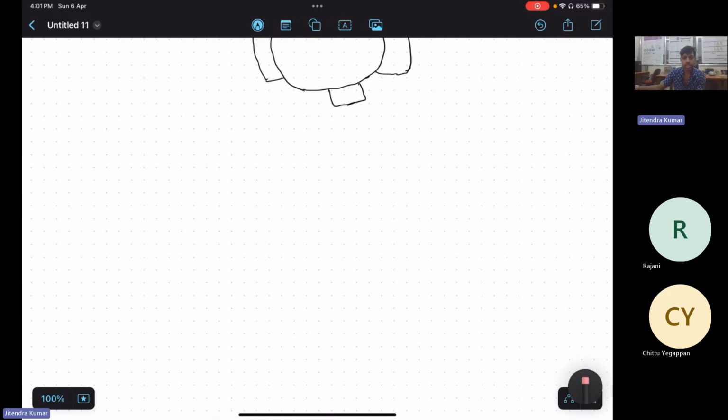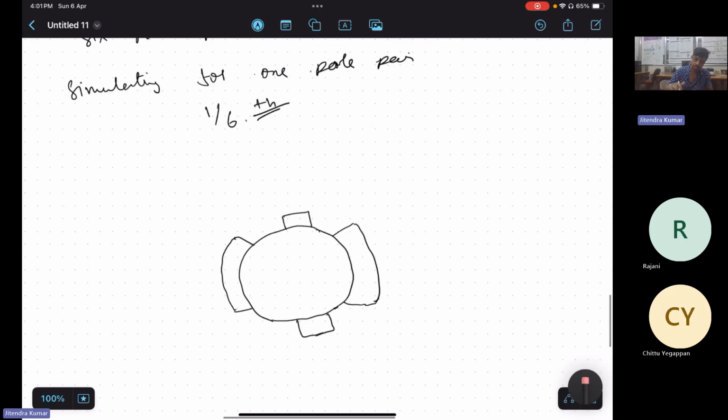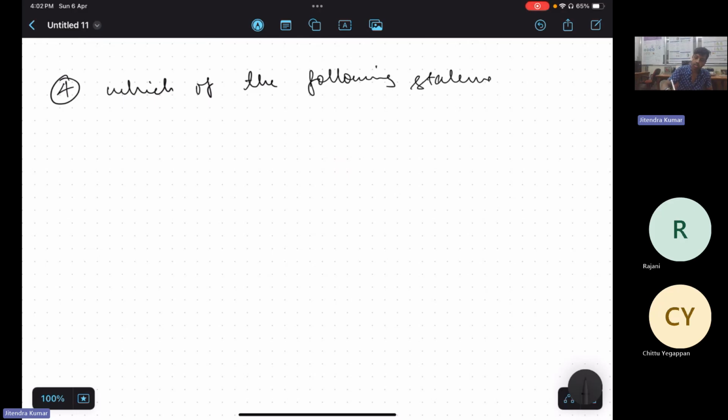Now, the next question is question 4. Which of the following statements about meta modeling techniques is true?